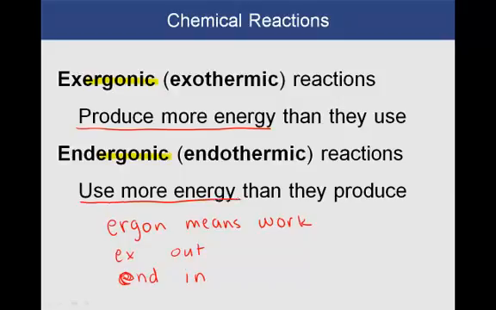Both types of reactions, whether they're exergonic or endergonic, require a little bit of energy to get started, and that is called energy of activation, also called activation energy. Let's say you're going to start a fire. And for a fire, you need a few things. You need a fuel source, you need oxygen, and there's something else that you need.